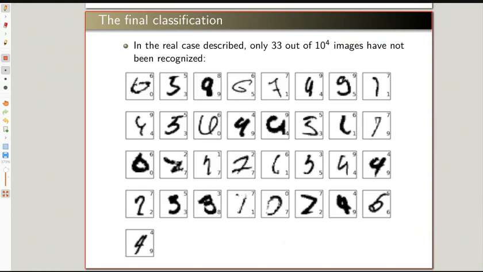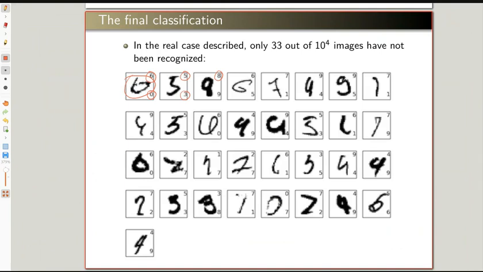And just to let you understand this kind of problem, this digit was a 6, but the neural network said it was a 0. Would you agree? I guess you agree that this is understandable as a mistake. I mean, this is almost a 0. Here, the number was a 5. The neural network said it was a 3. Here, I think the neural network is right, not the human.